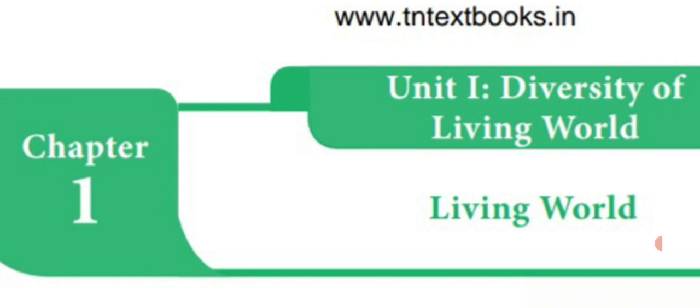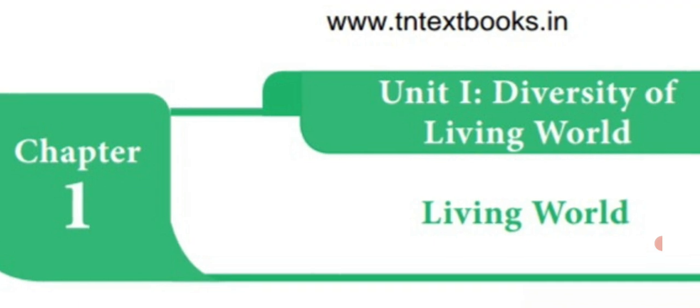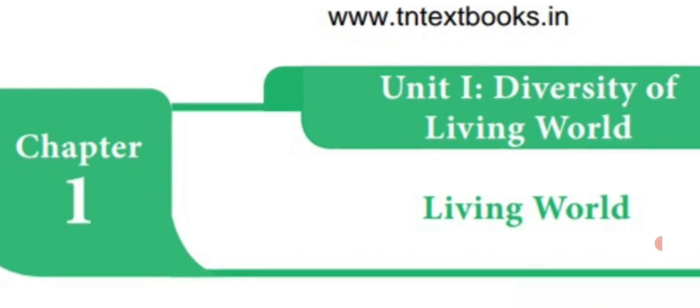All that is given comparatively in this lesson, and the differentiation or variations of these structures is also given. That's why the topic is diversity of living world. That means differences of the living world, that is plant kingdom.